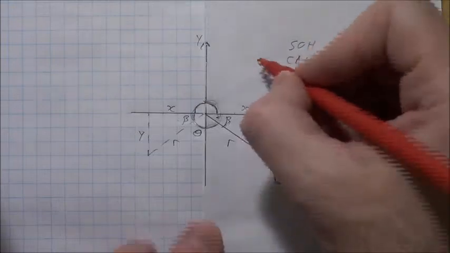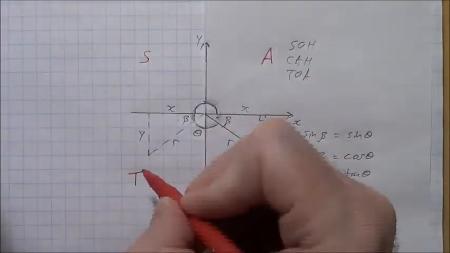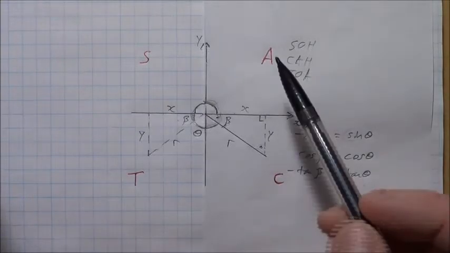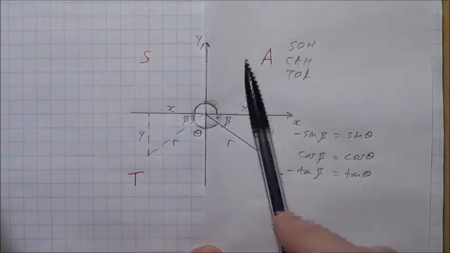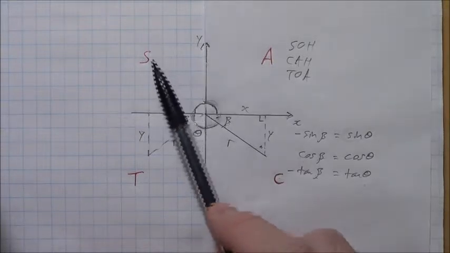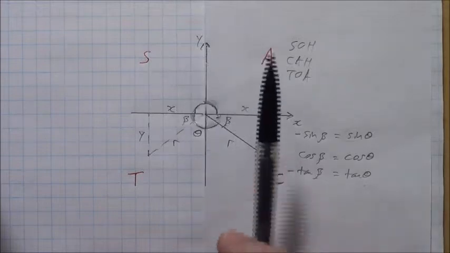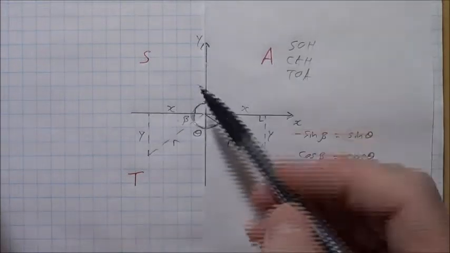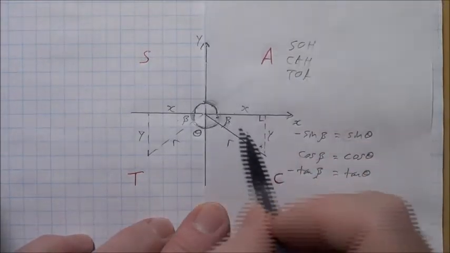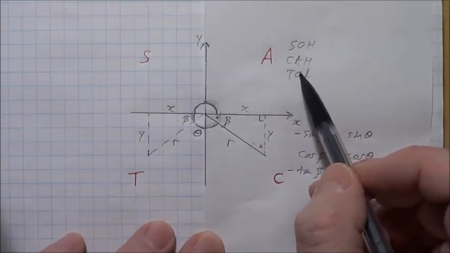Remember that from the CAST rule, all the trigonometric ratios are positive in the first quadrant, and then they all take turns being positive in each of the other three quadrants, which means that, in addition to the fact that these angles keep repeating themselves, the ratios would keep repeating themselves.